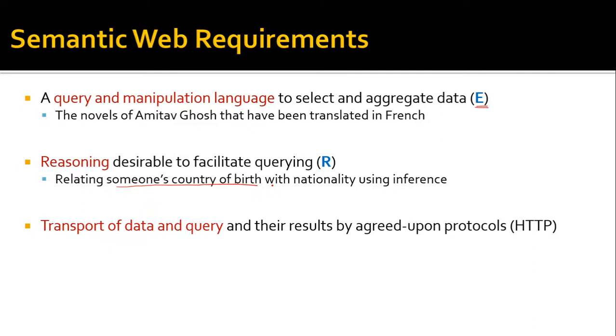Now, the other important point is that you need to transport data and query from one end to the other. So, you have got two clients, for example Jane's agent and the medical center agent. What Jane's agent is doing is creating a query and targeting that query to the agent of the medical center.